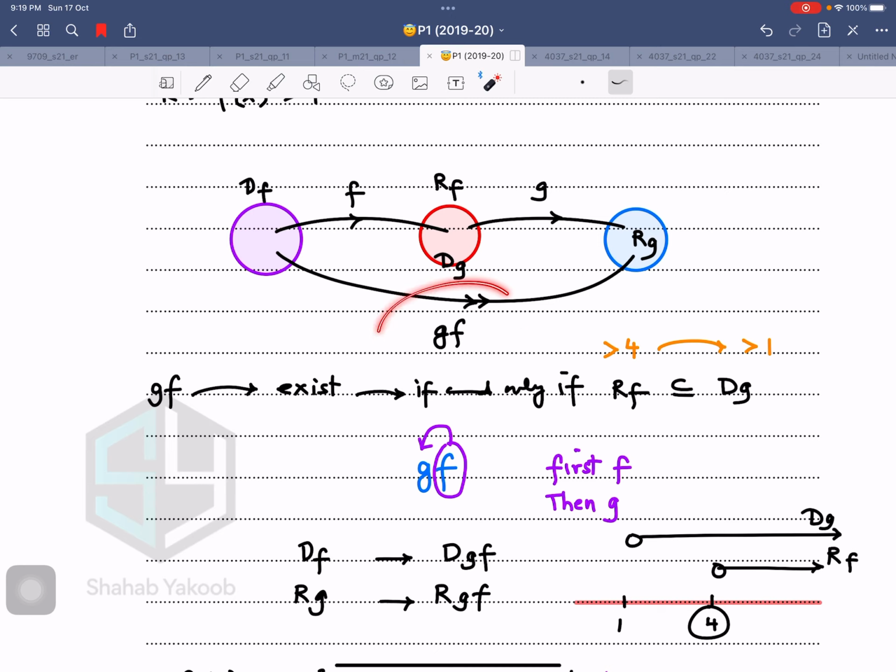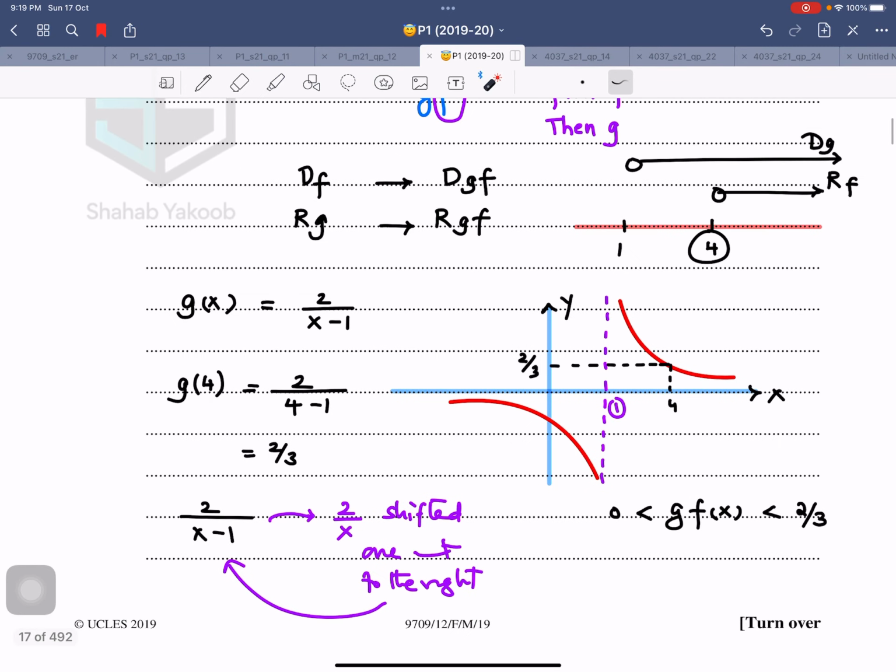For the composite function, the domain of f is the domain of gf, and the range of g is the range of gf. So that's how this question is to be done.